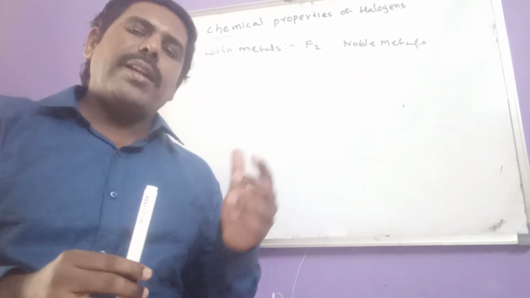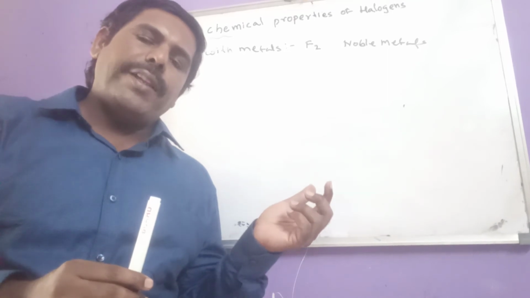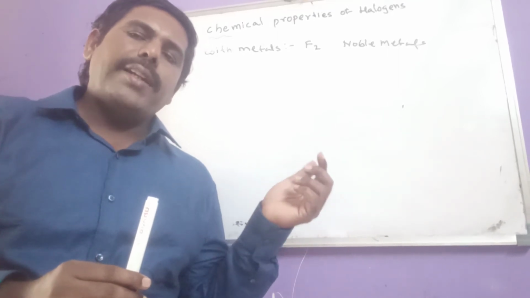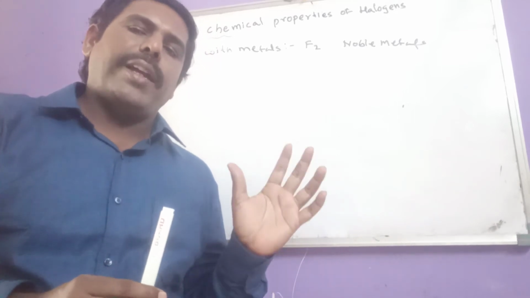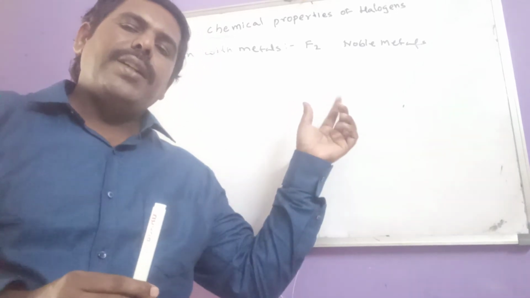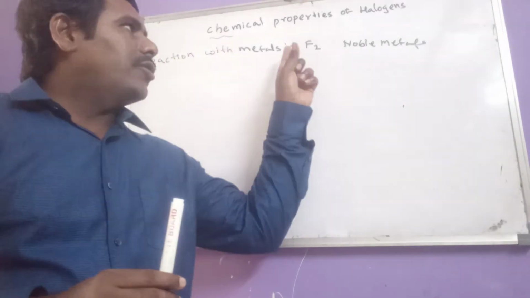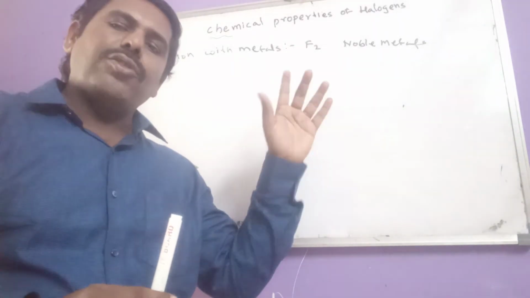By the reaction of fluorine with platinum, we get PtF4, platinum tetrafluoride. So even with noble metals, fluorine will react and give products.